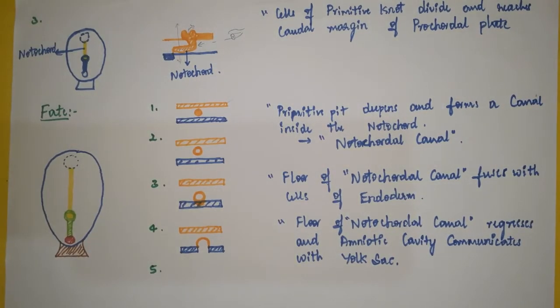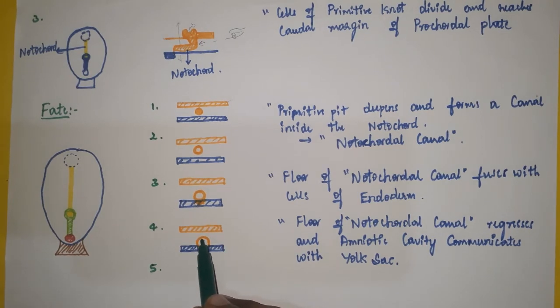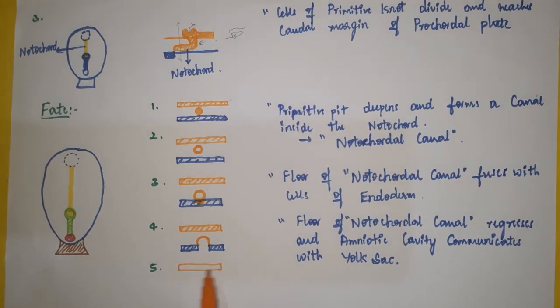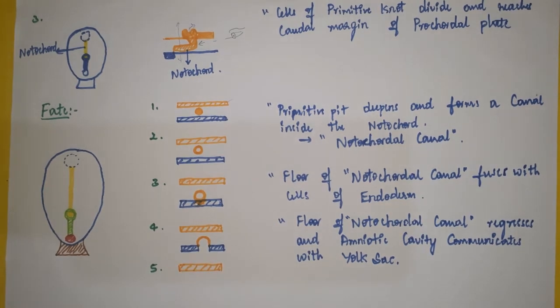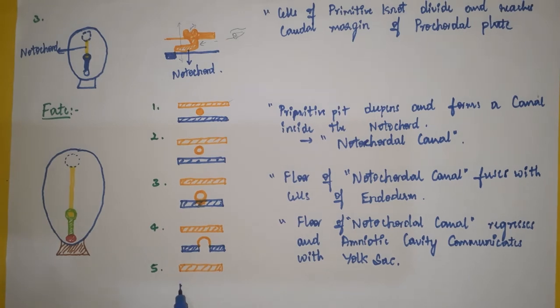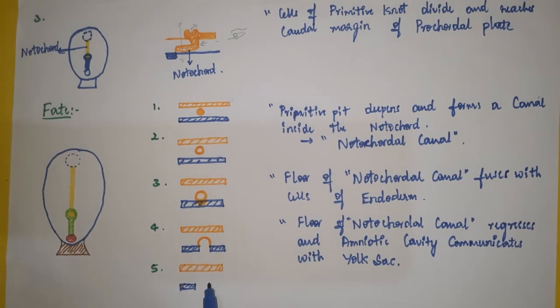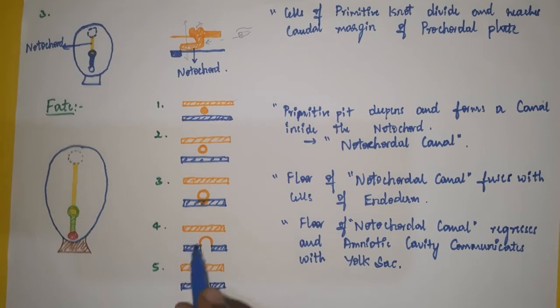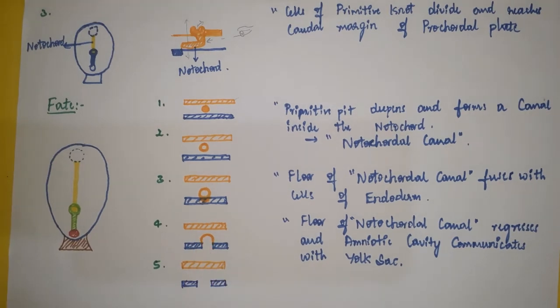Now fifth point. See, in this diagram, the notochordal canal walls, of course floor is degenerated and roof and side walls are present. All these walls will become flat in the fifth point. Okay, this flat structure is called notochordal plate. It appears like this. This is the ectoderm. This is of course endoderm. Now previously it was curved, now it becomes flat.